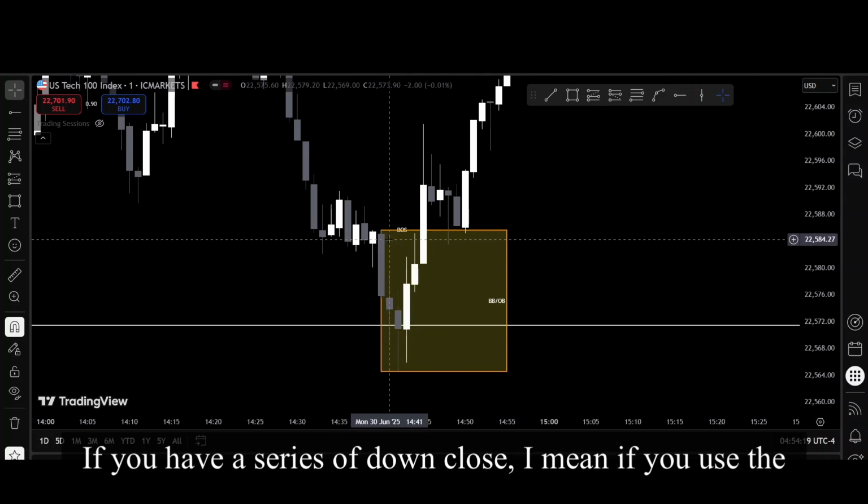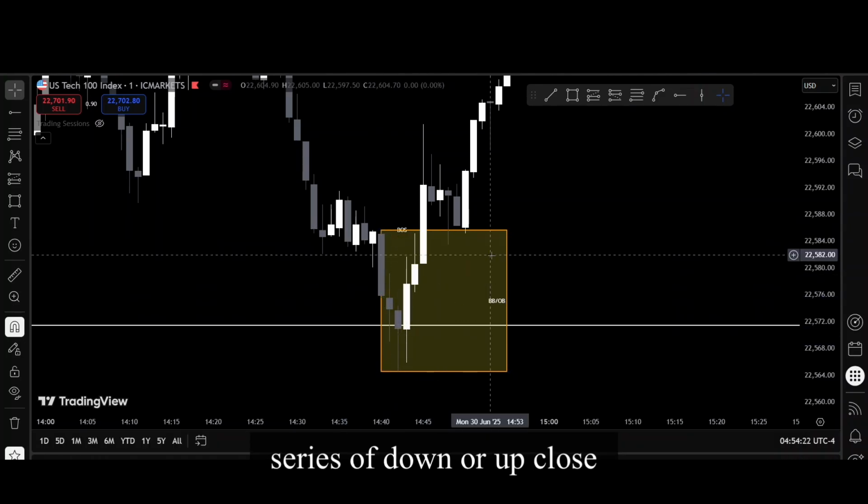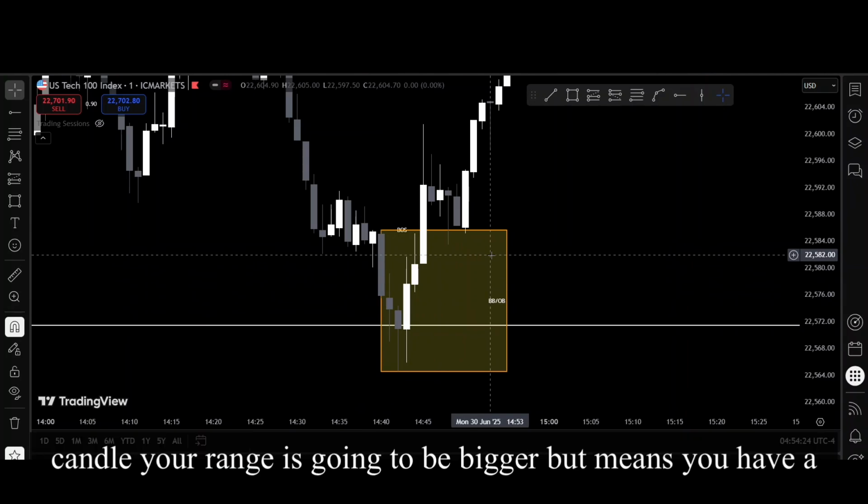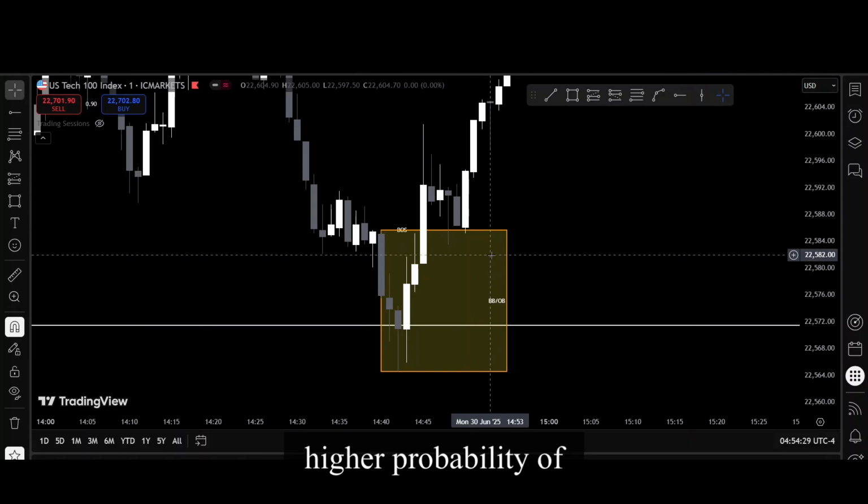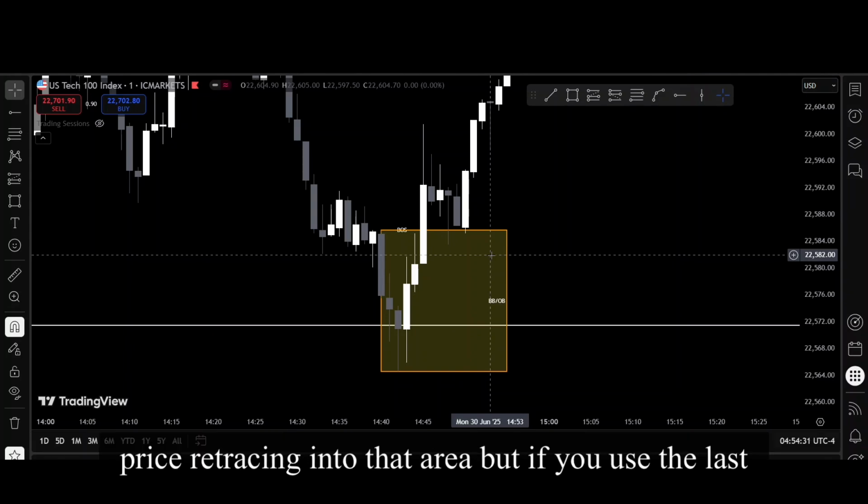If you use the series of down or up close candles, your range is going to be bigger, which means you will have a higher probability of price retracing into that area.